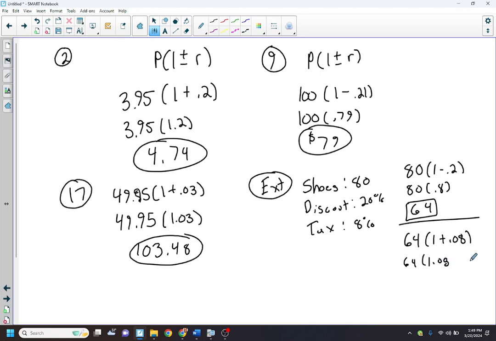Not too bad. How'd you get 69.12? Oh, no. So the amount you're paying is 69.12.